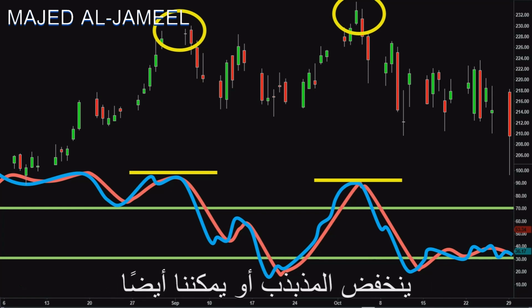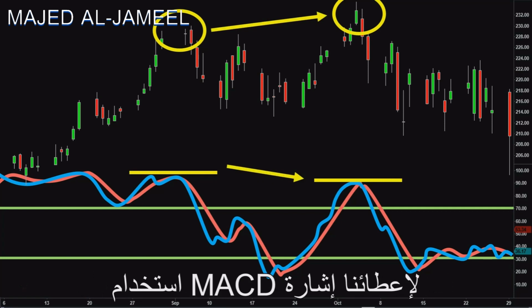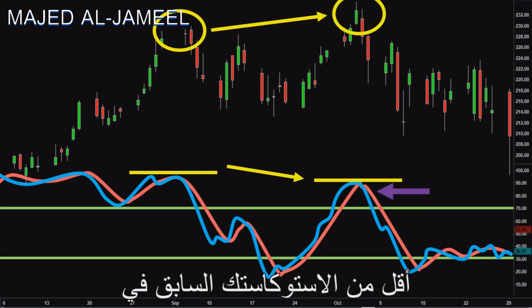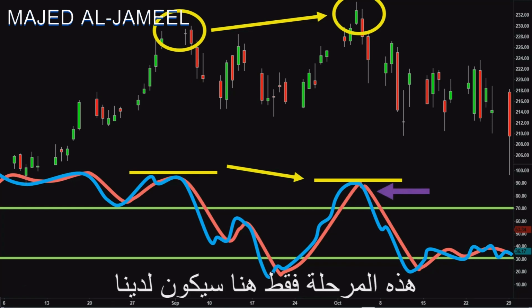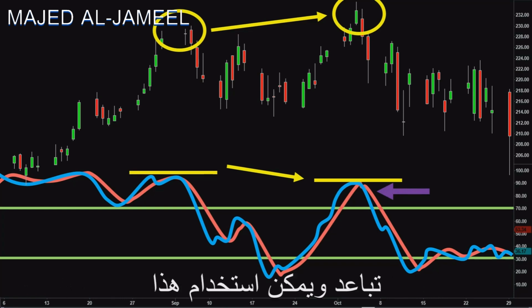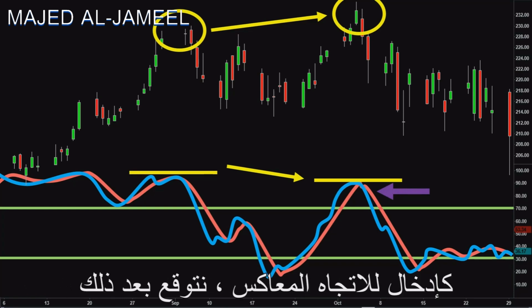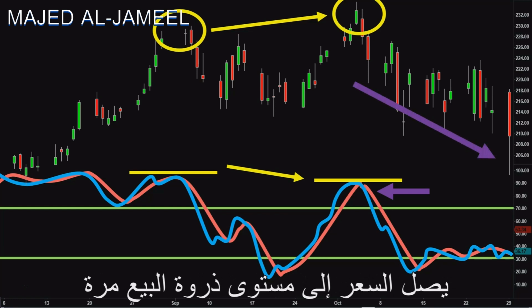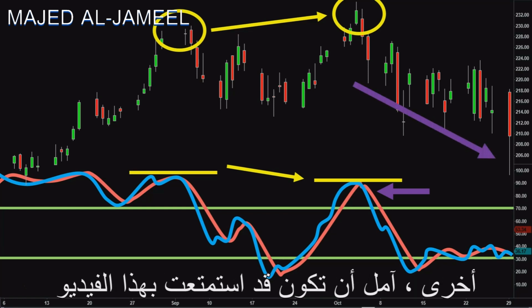Then, as the oscillator turns down, or we can also use the MACD to give us a signal, the stochastic, we would still want to see lower than the previous stochastic at this point. Only here would we have a divergence, and this can be used as a counter trend entry. We would then expect the trade to continue until the price reaches a level of being oversold once again.